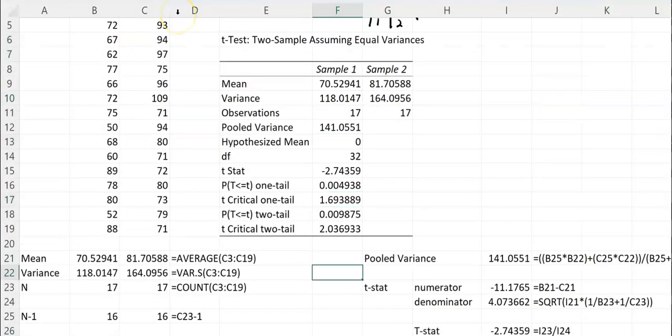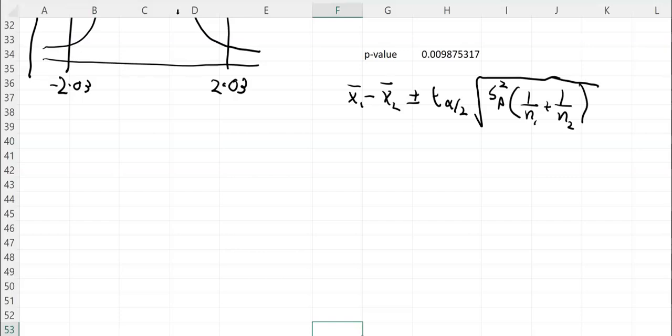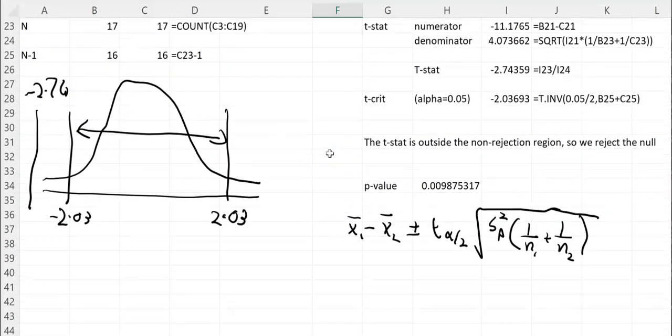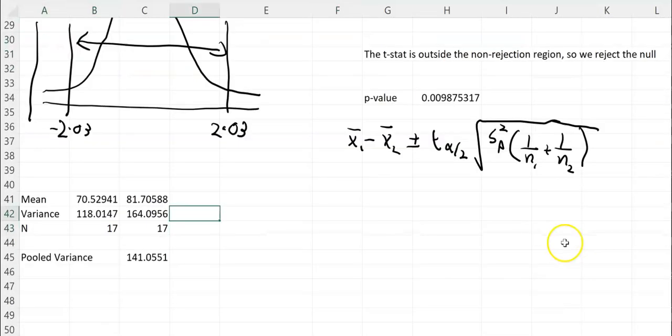All right, and now let's look at how we can find the 95% confidence interval. We wrote the formula already. So this is our confidence interval. Now we do have the numbers here, so let me just move this down here. It would be easier. Now I can find the first part, which is x1 minus x2.